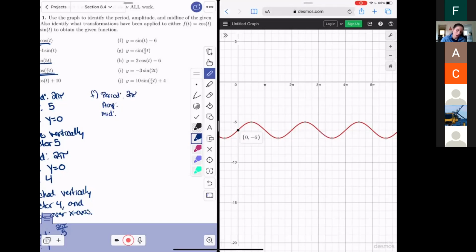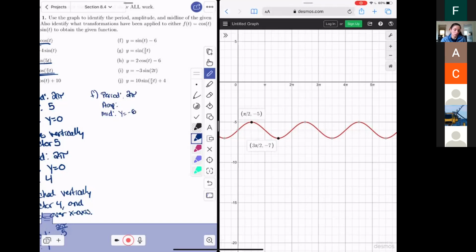And then what is the midline if my maximum y value is -5 and my minimum y value is -7? -6. Y equals -6. Good. Remember, it's a line.